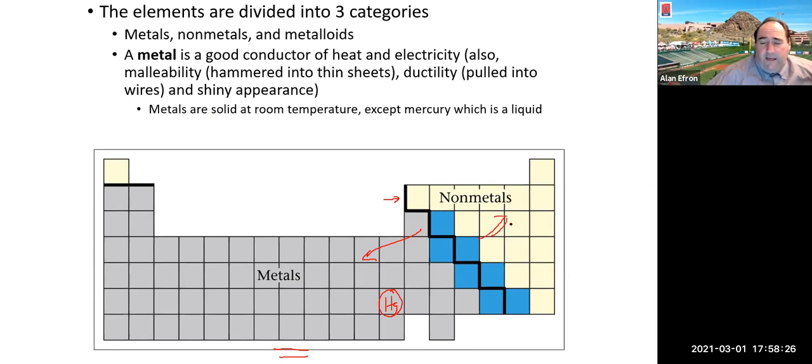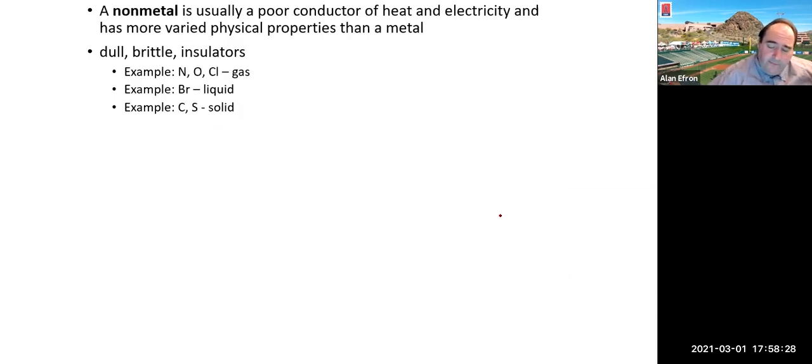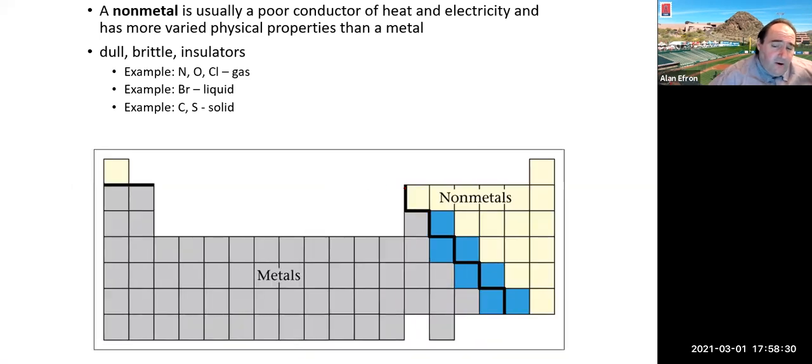Up and to the right of the staircase are nonmetals. Nonmetals pretty much have the opposite properties. They are dull and brittle. They're insulators. But what nonmetals have is very different physical properties.